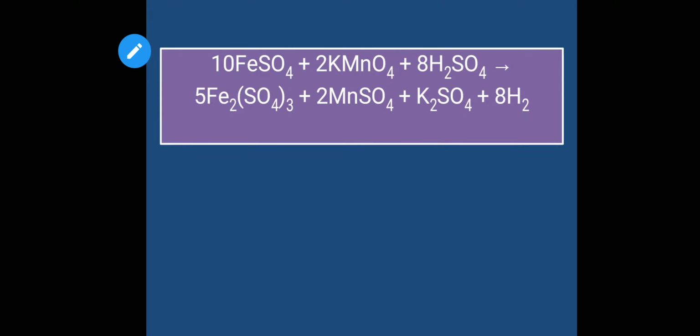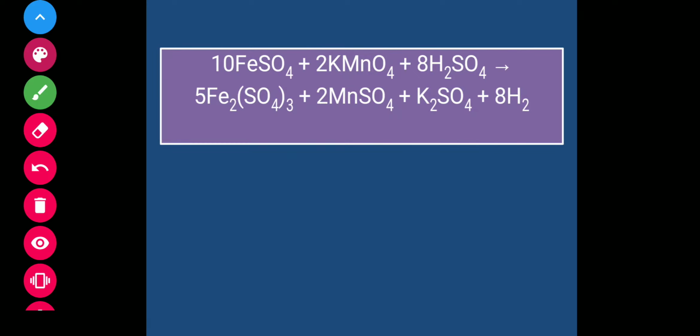Next, the example which is given in your textbook. In this reaction, the ferrous sulfate is oxidized by KMnO4, acidic potassium permanganate.